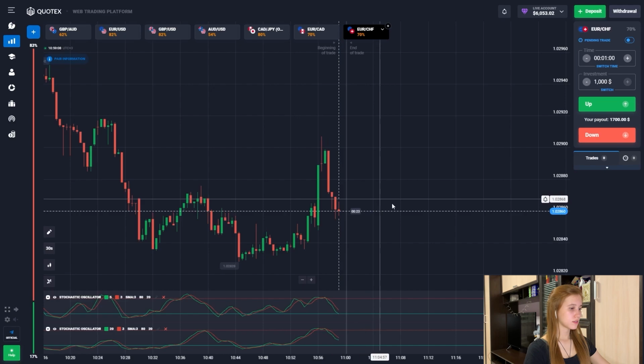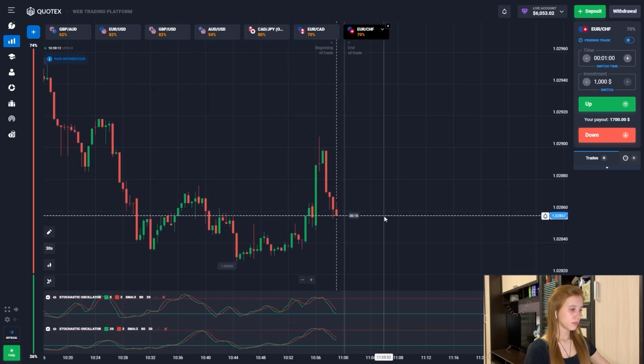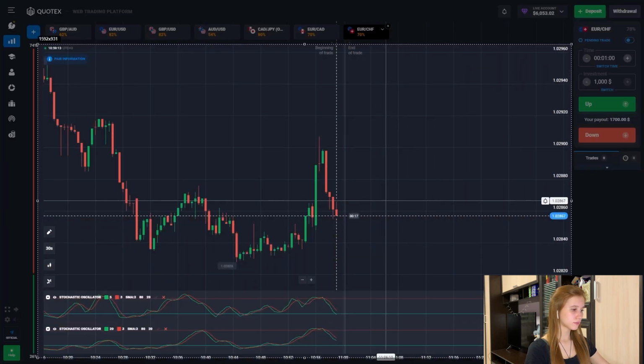And the deals are good, as I said. Let's take a look again. And I marked this corridor and the price just rushed into the corridor and crossed the border.